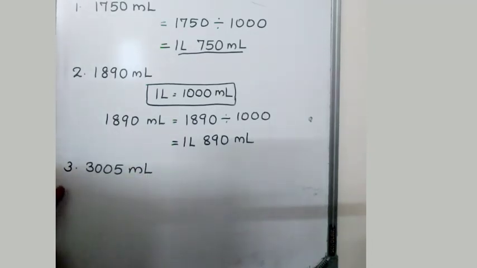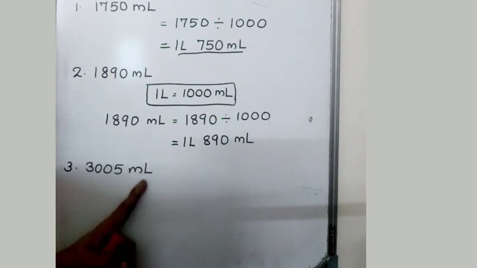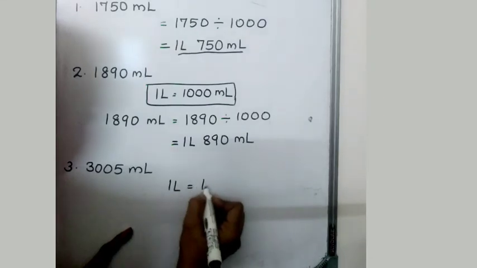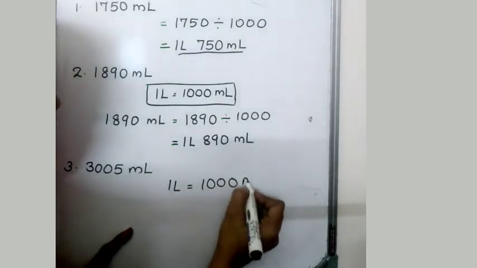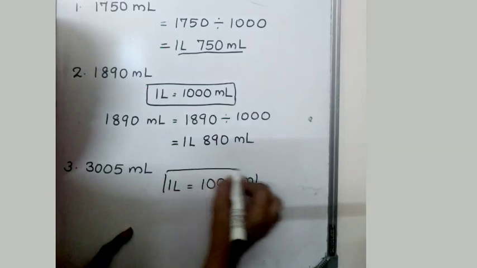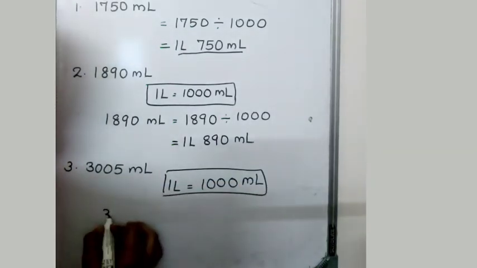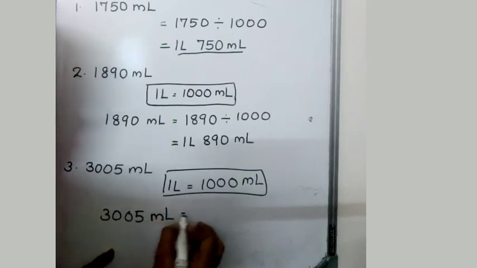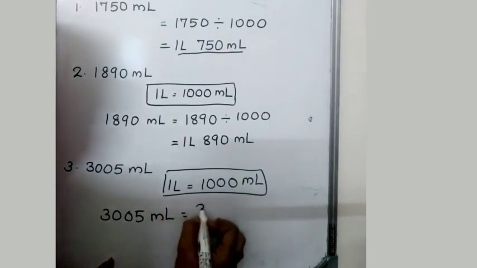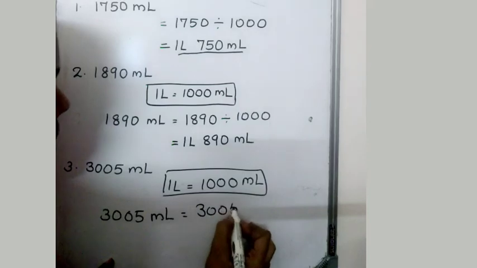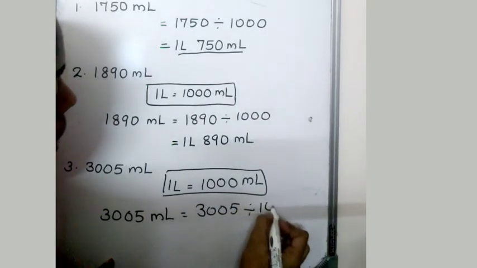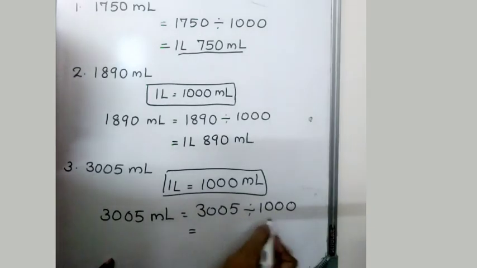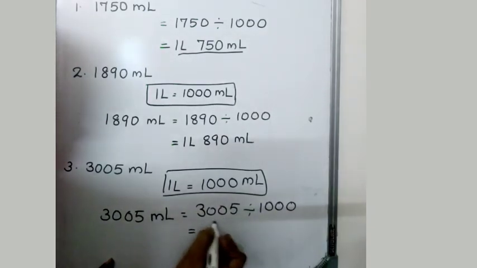Look at the third question. 3005 milliliter. We know 1 liter equal to 1000 milliliter. So 3005 milliliter equal to 3005 divided by 1000, 3 places.